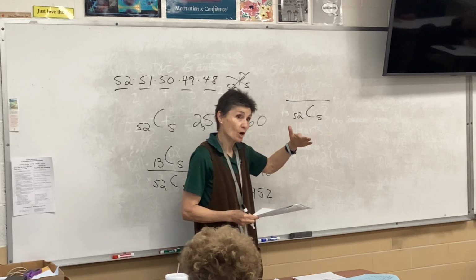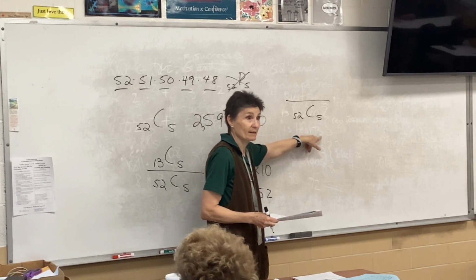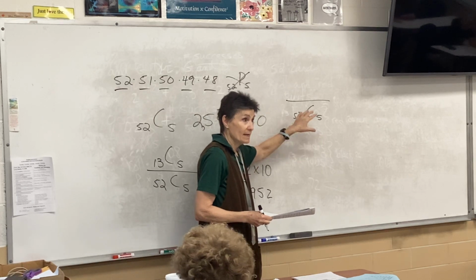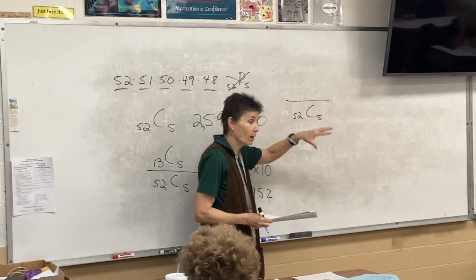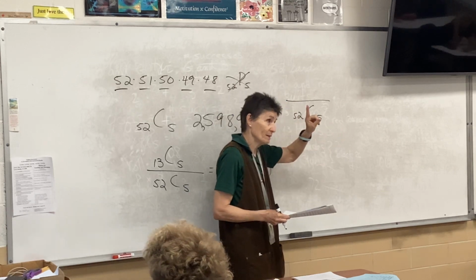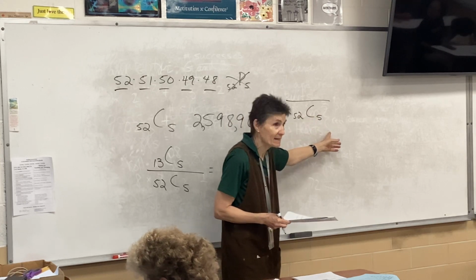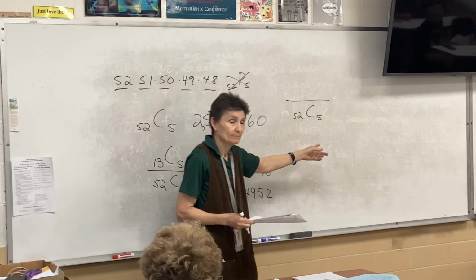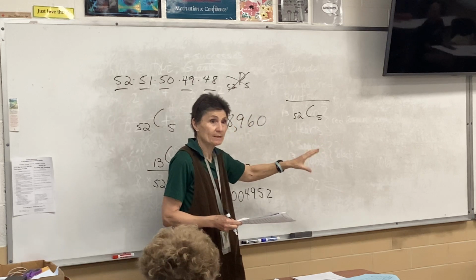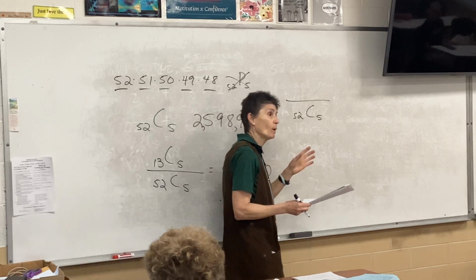If it's a 6-card hand, the denominator will be 52C6. Every card problem you do, if it's a probability, your denominator is 52C, however many cards you're getting. Now, what's your numerator? That's going to change every time, depending on what you want.